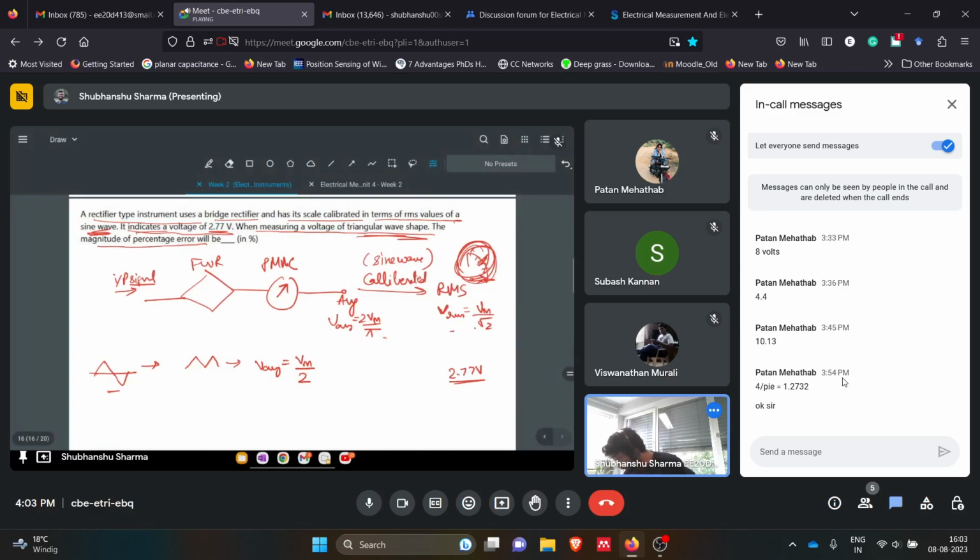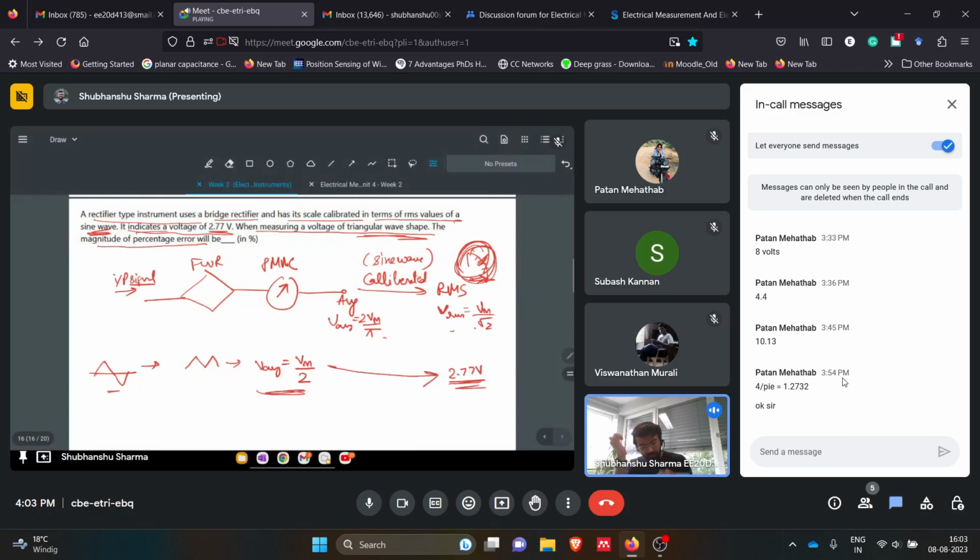So the average of a triangular wave is Vm by 2. Now we got the PMMC meter output as Vm by 2, and after this it showed 2.77 volts.